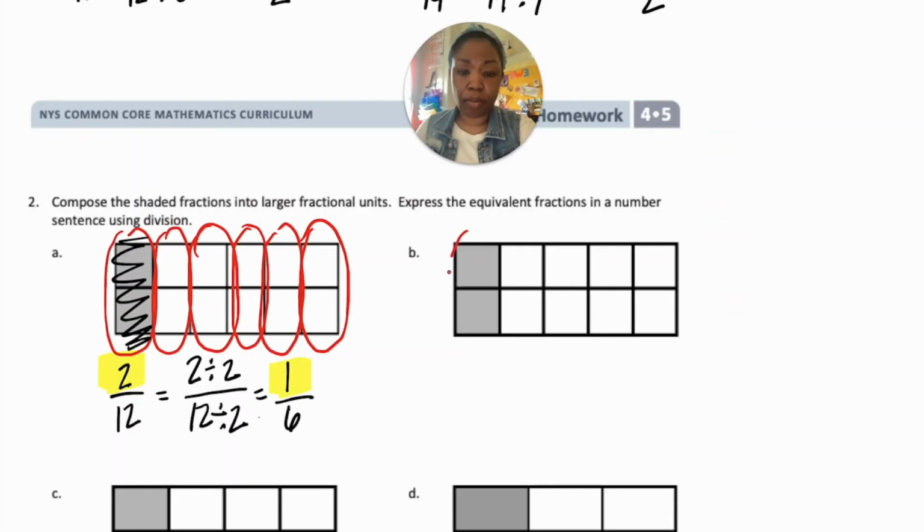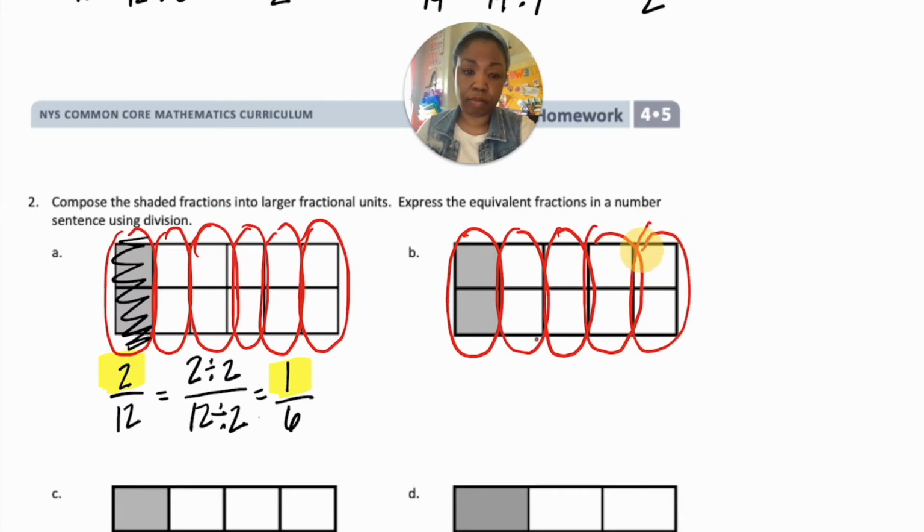For B, I'm going to compose groups of 2 again. I have 2 shaded out of 2, 4, 6, 8, 10. I compose groups of 2, so I'm going to divide the 2 by 2 and the 10 by 2.